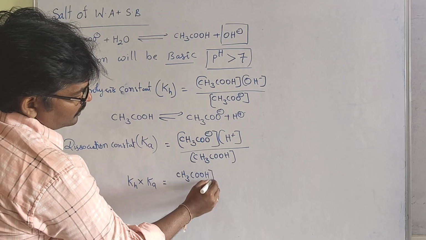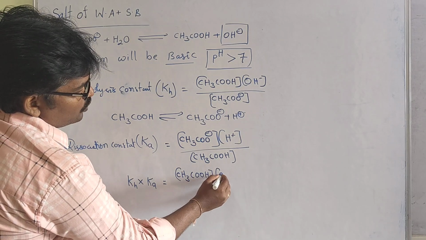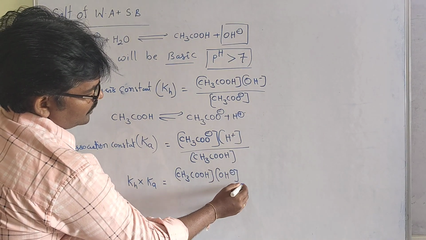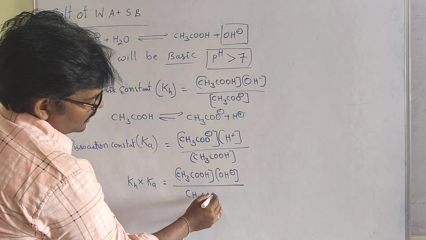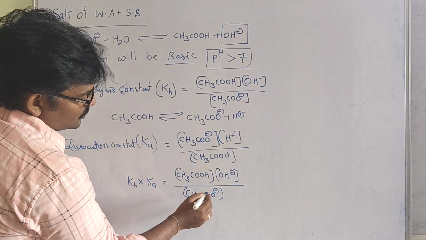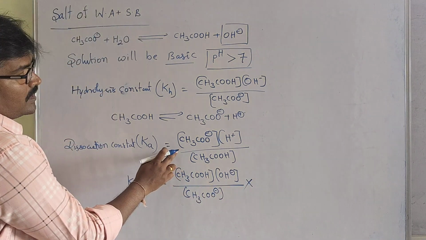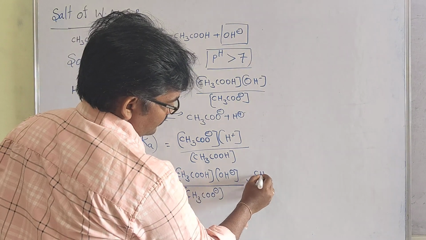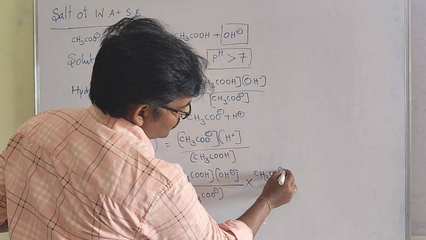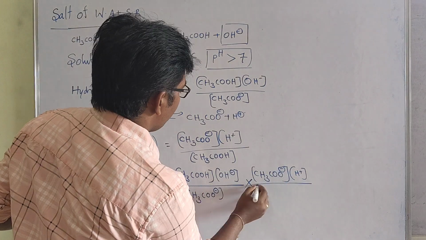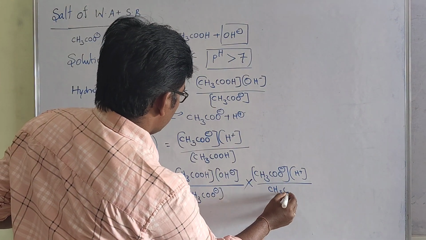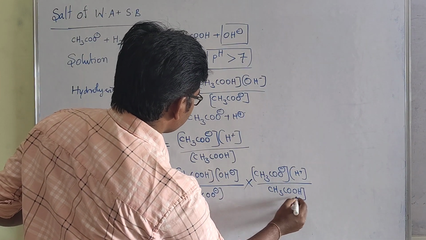CH3COOH into OH minus, divided by CH3COO minus. This is Kh, into Ka, this is CH3COO minus into H plus, divided by CH3COOH.